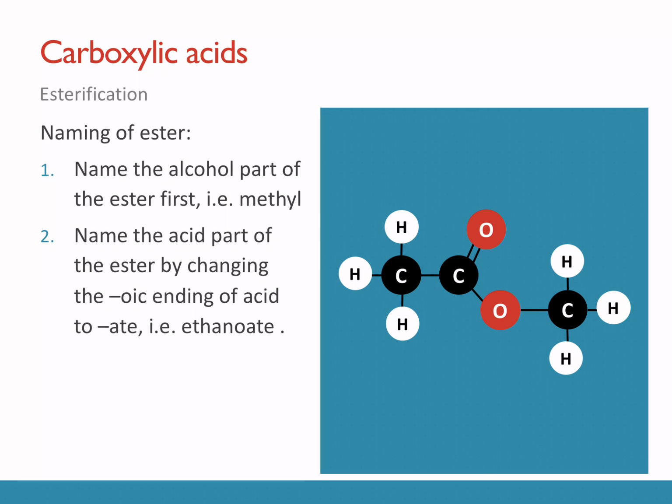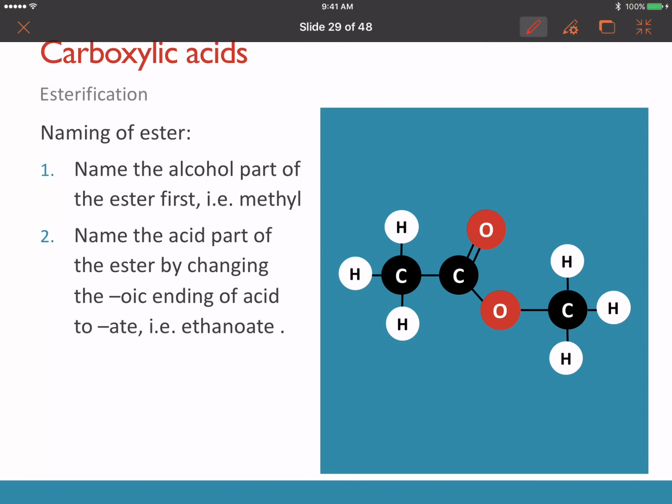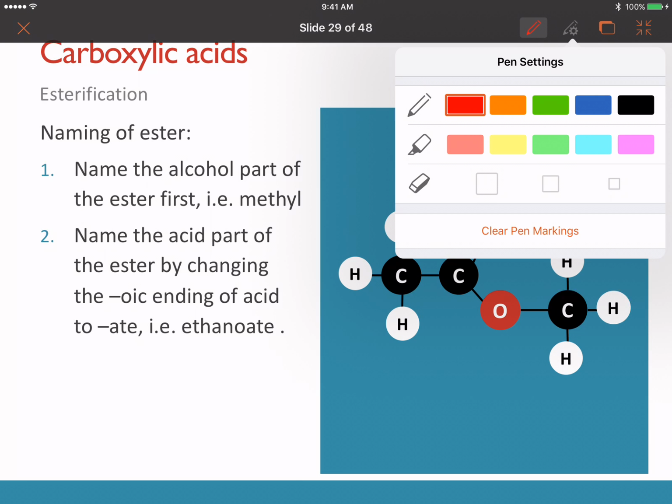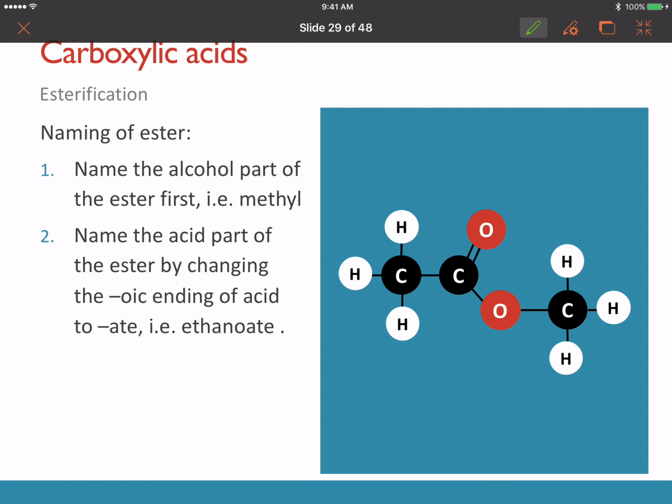Okay, how do we name an ester? First, you must be able to spot which part is the acid and which part is the alcohol. How do you spot that? Remember, you see this C double bond O. This C double bond O must be from the acid. And what you need to remember is this bond here is a new bond.